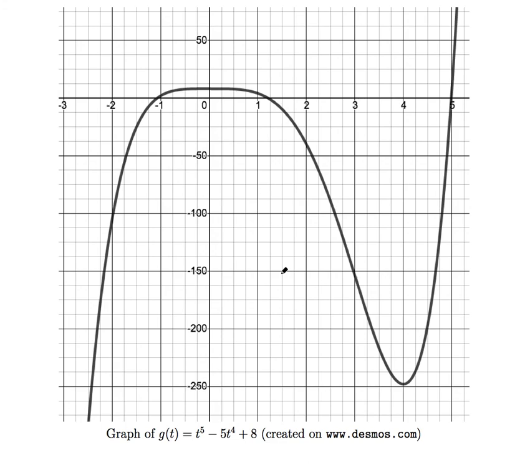So here's the graph of our function, which I created on desmos.com. And we can see that, yes, we do have a local maximum at t equals 0. We do have a local minimum at t equals 4. Again, even looking at the exact graph, so a precise graph of the function, it is hard to see where the inflection point is.